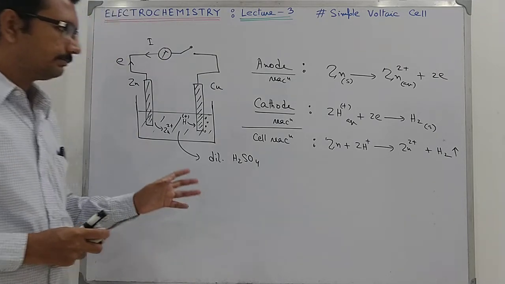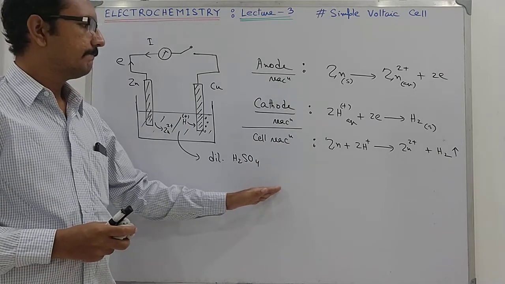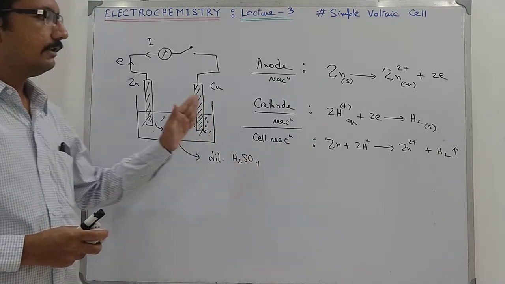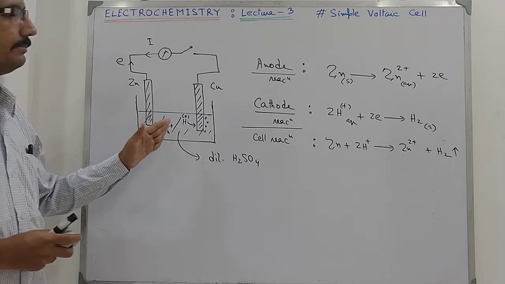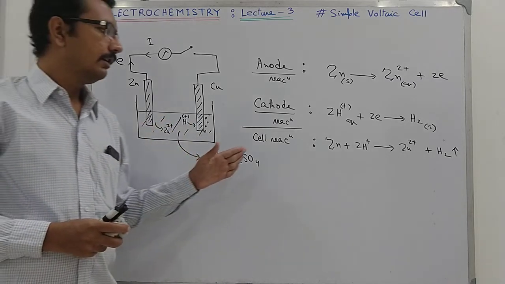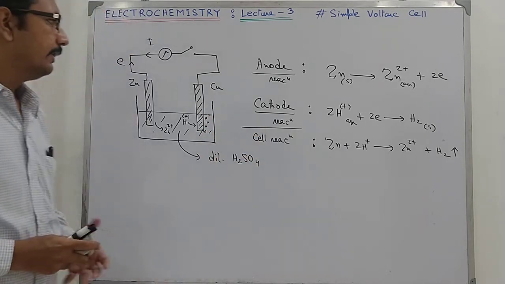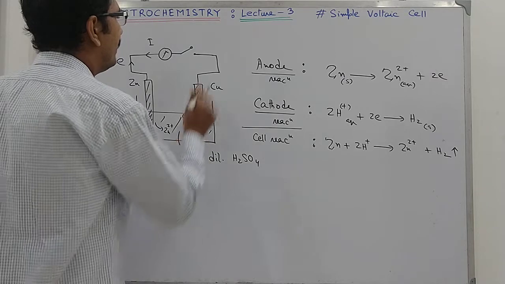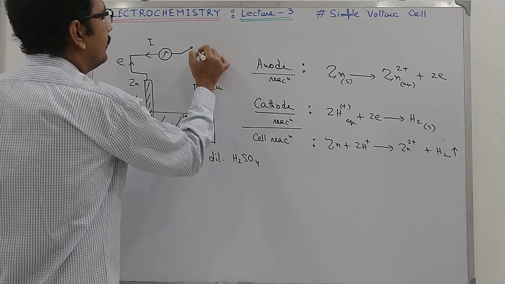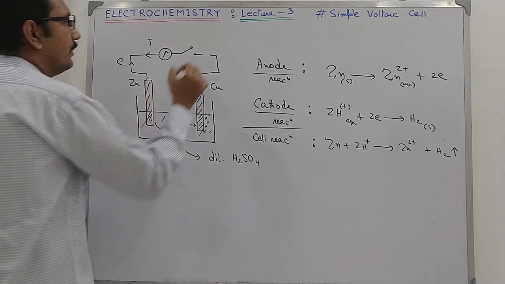Now let us check whether it is reversible or irreversible. To check whether it is reversible or irreversible, I have told you in lecture 2 that the system must follow 3 criteria. Now we have to apply an opposing potential here.